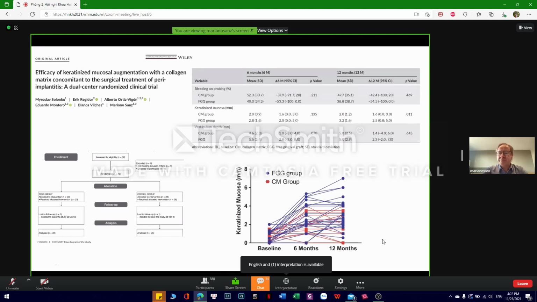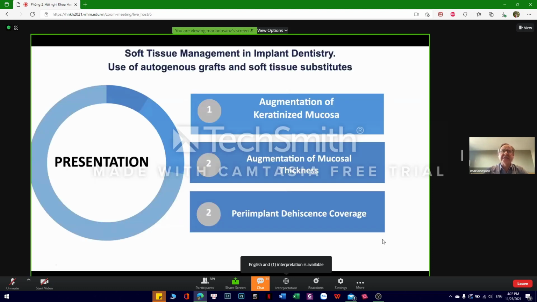So you see, when you place a large free gingival graft, you are going to get a higher dimension of keratinized mucosa. When you place a collagen matrix with the different variations, you are going to get a certain amount, not a large amount, small amount, but normally is sufficient for maintaining the stability of the mucosa around these implants.